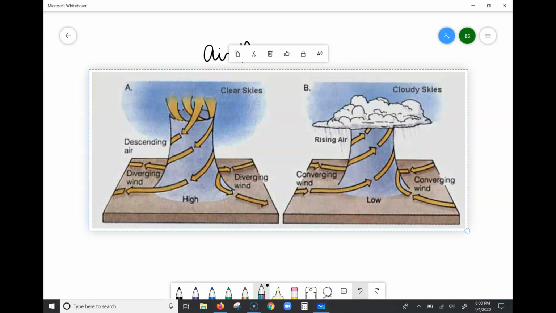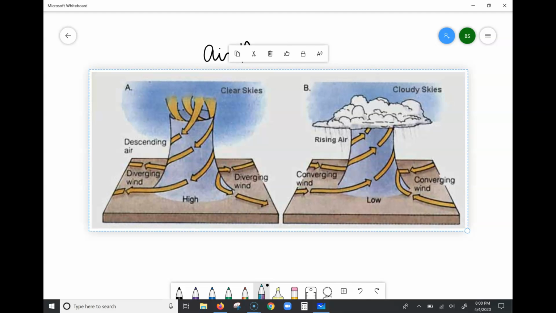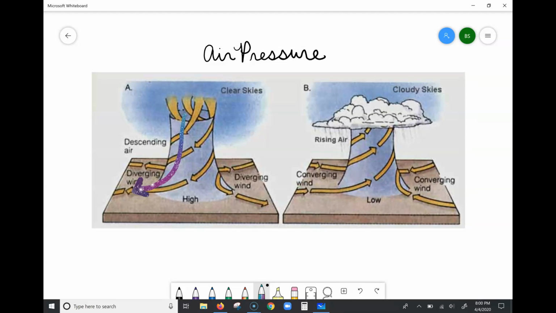Besides the clear skies or the rainy skies, there's one other thing that is the result of high pressure and low pressure systems, and that is how they interact with each other. When air comes down towards the Earth's surface in a higher air pressure system, it runs along the Earth's surface until it reaches a low pressure system where it gets forced back up.